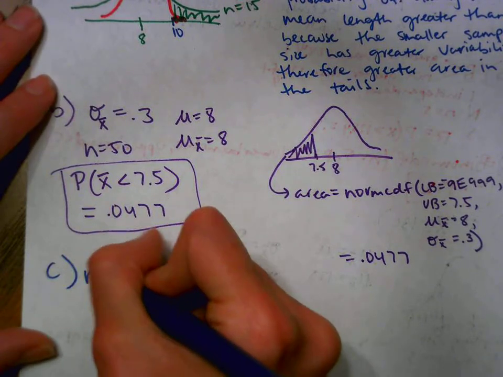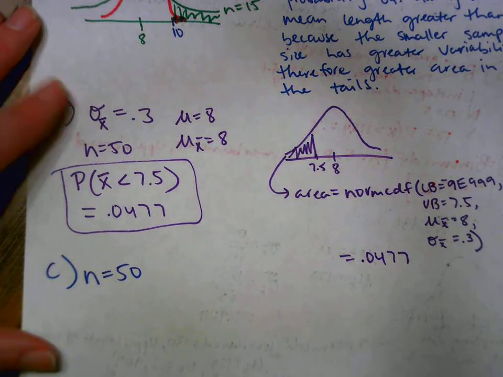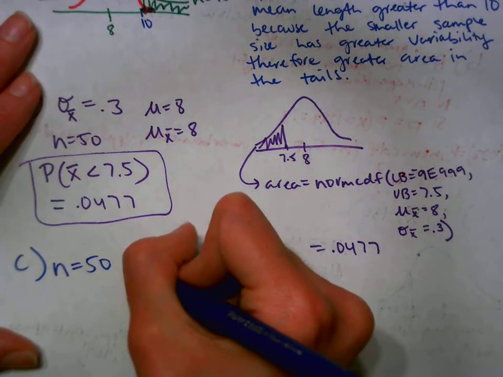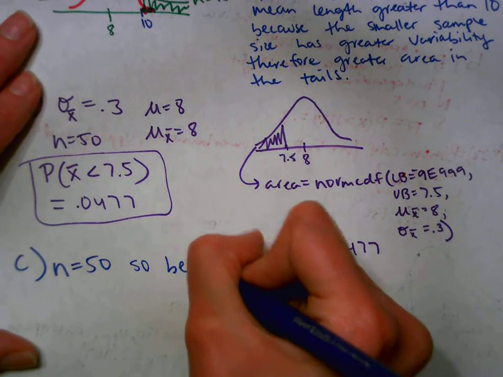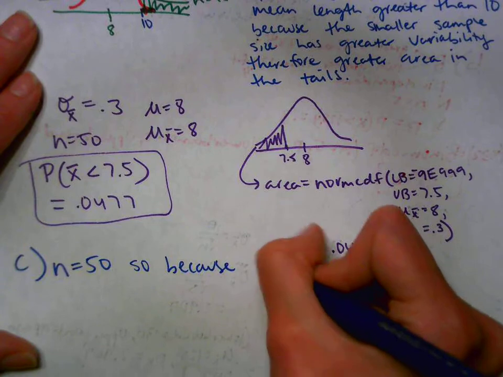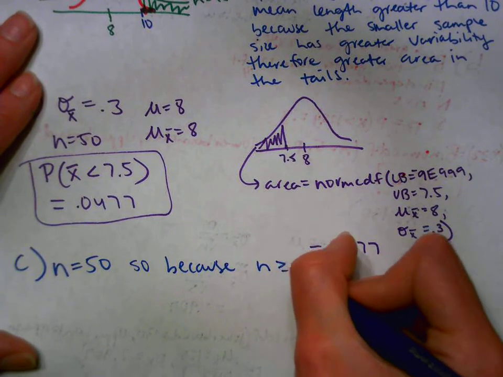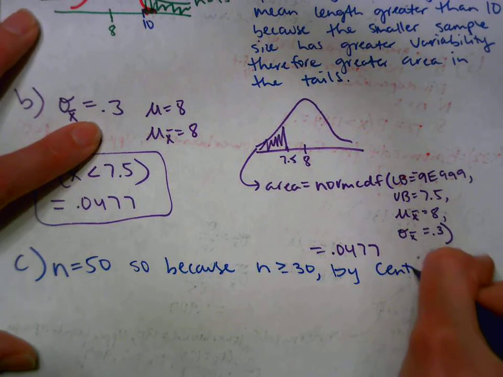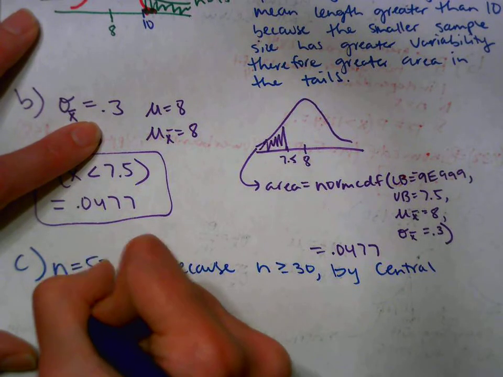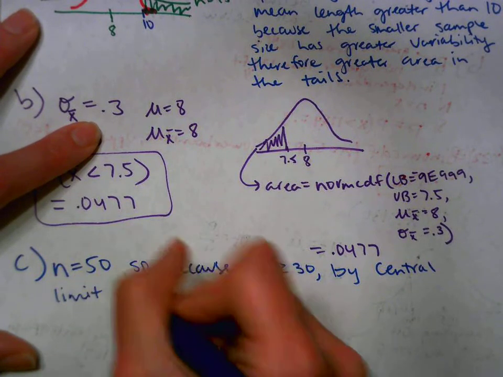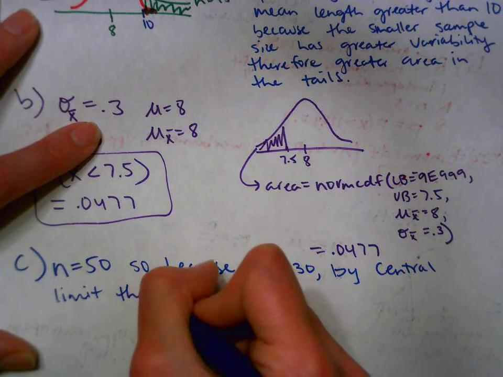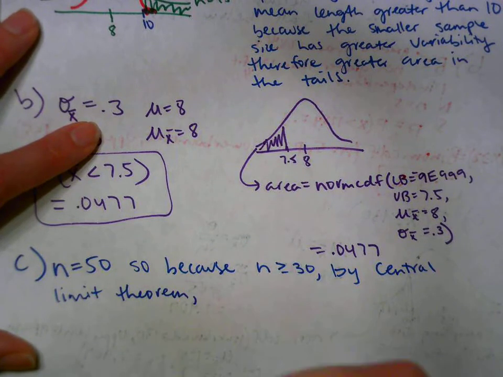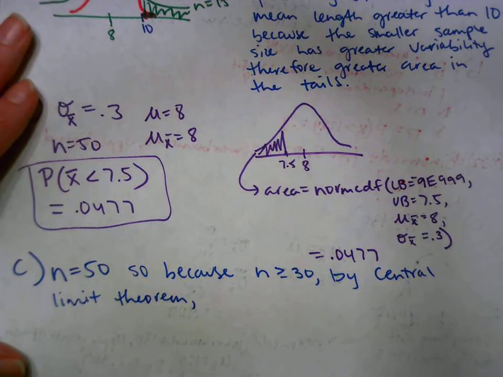I'm going to go ahead and rewrite down for this part that my n equals 50. And I'm just going to write it out in a sentence. So because n is greater than or equal to 30 by central limit theorem, or you could write CLT. Let's see if I can just answer the question.